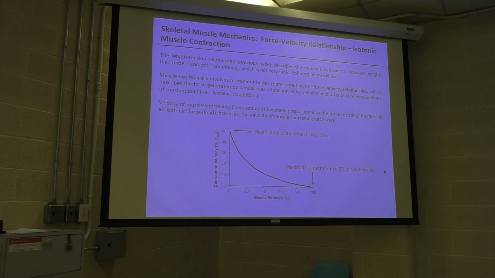So in the middle of the curve is where you're actually exerting your most power, the most balance between velocity and force. Okay, so power is something we're going to talk about right now. So does that sort of make sense? The relationship between velocity, the actual shortening of your sarcomeres, and the force that you generate.